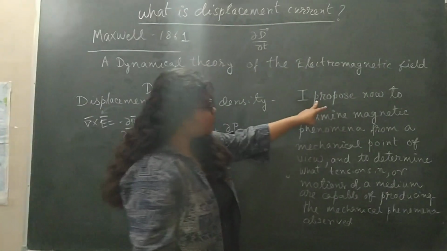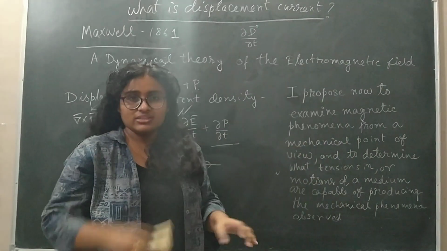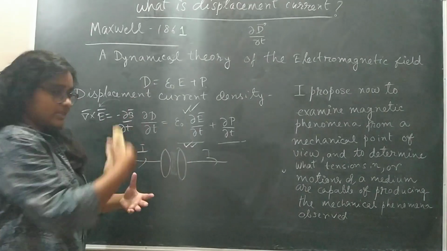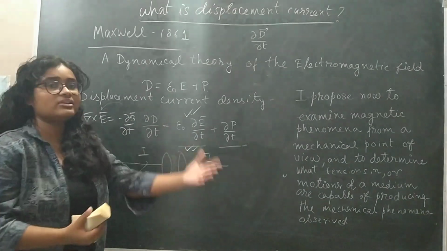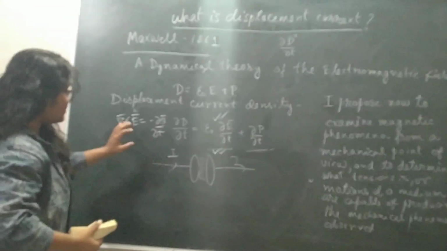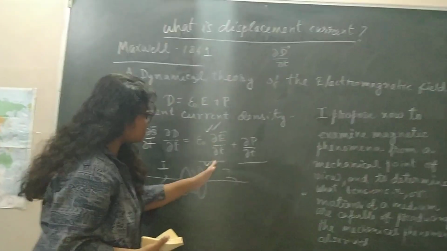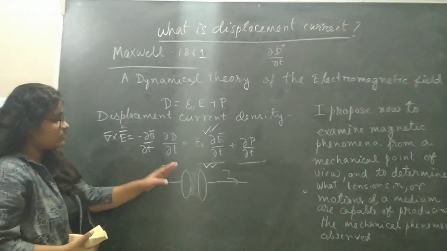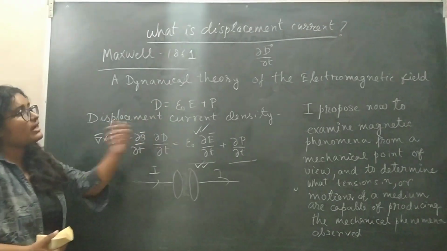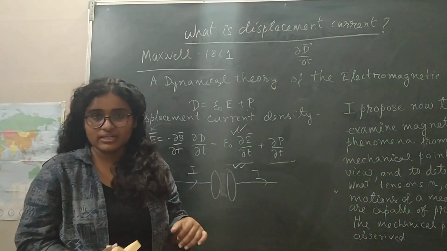By analogy with Faraday, he thought that the electric field variation in case of an AC or dynamic field will give rise to a magnetic field. That's why he modified the law and introduced the concept of displacement current density.